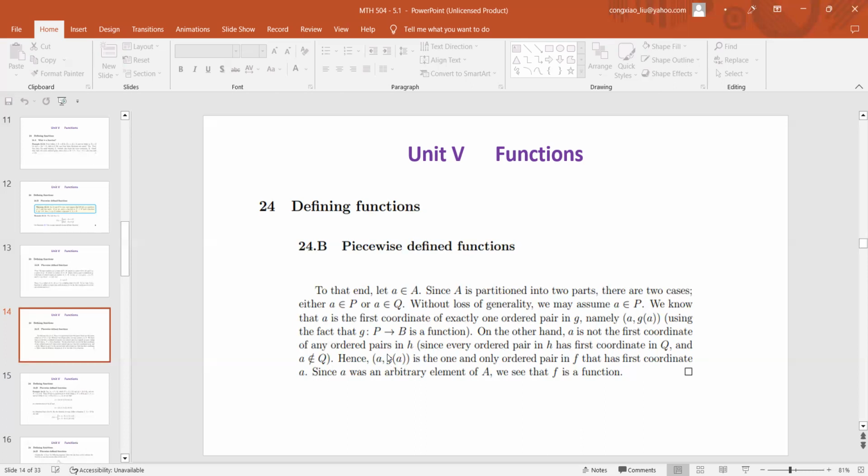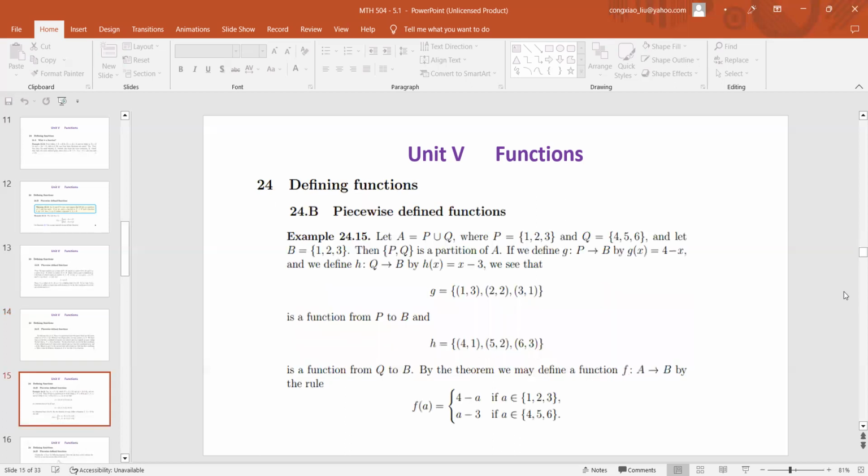That proves that F is a function. Because a was arbitrarily chosen from set A, this proves that the newly defined union of G and H, which we call F, is indeed a function. It is an obvious fact, but we still need to prove it for mathematical reasons.